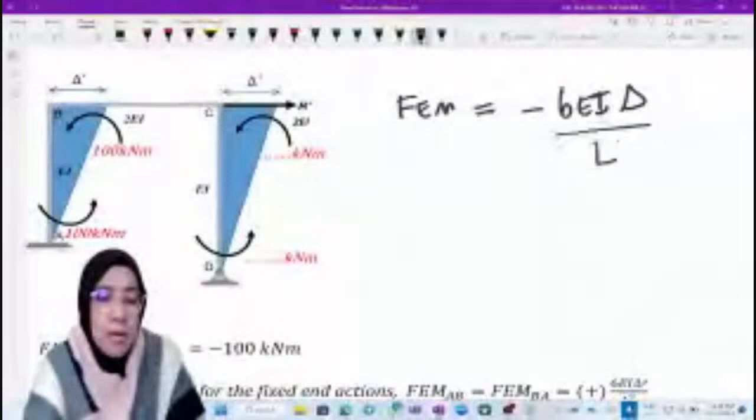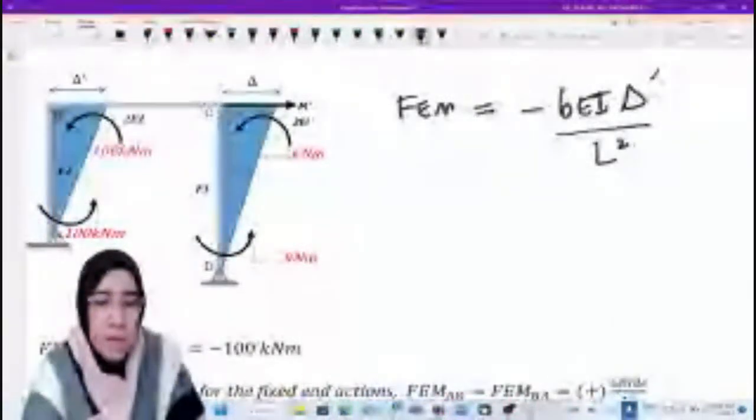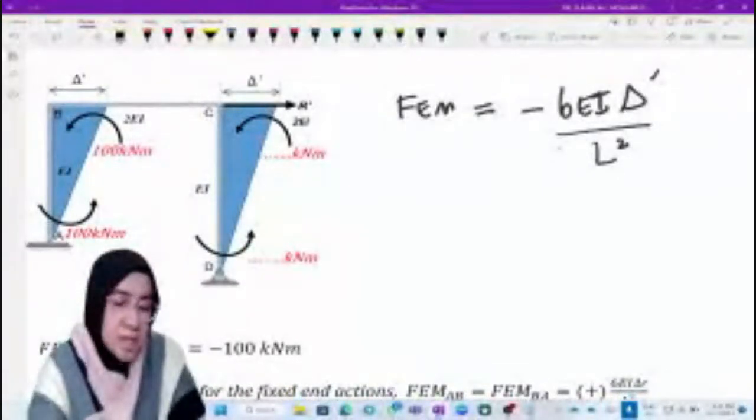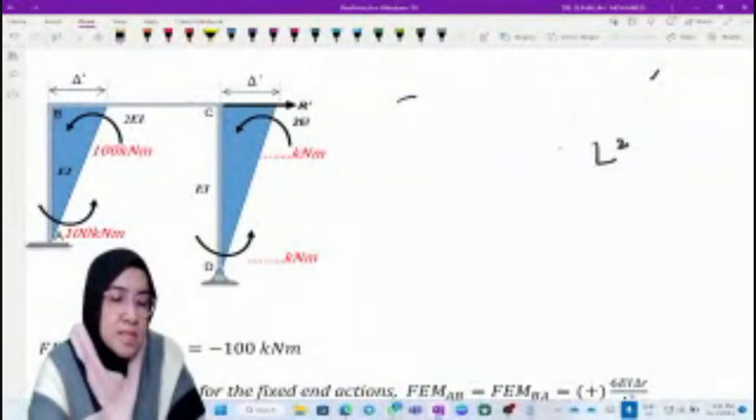This is the formula: negative 6 delta prime over L squared.